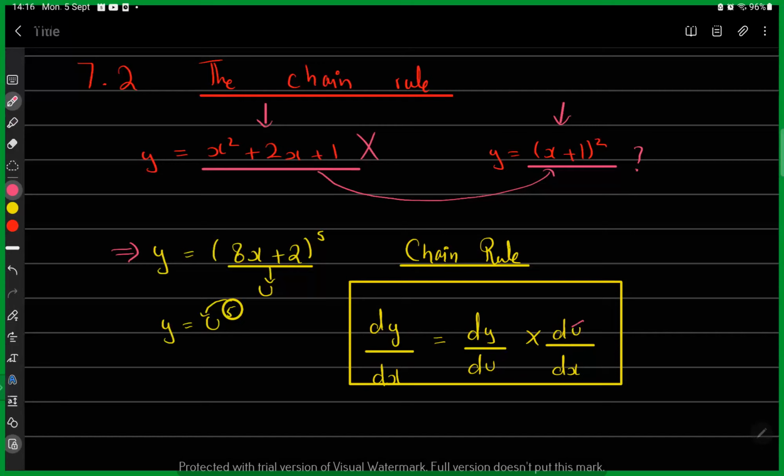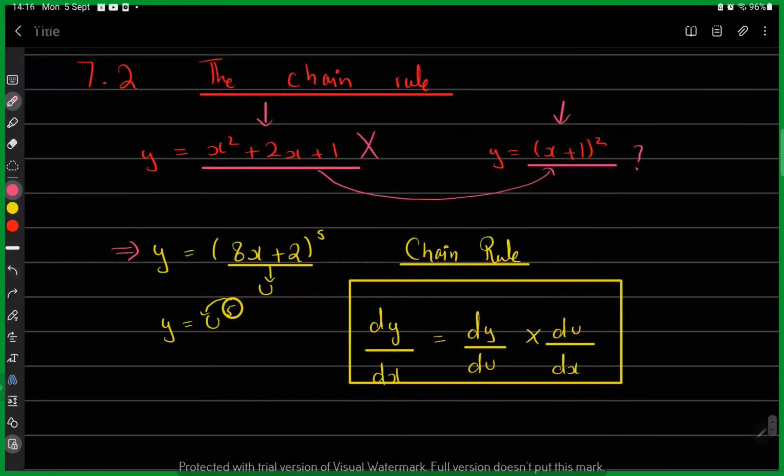So to memorize this, you can think that dy by dx is equal to this part, because if you cancel du by du, you would get dy by dx. Although mathematically you can't cancel this, and that is certainly wrong, okay? But just so you are able to memorize this, that is why I am using such notation.